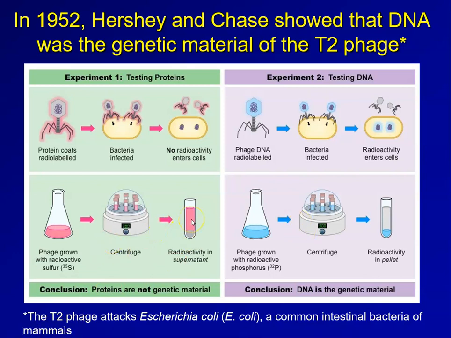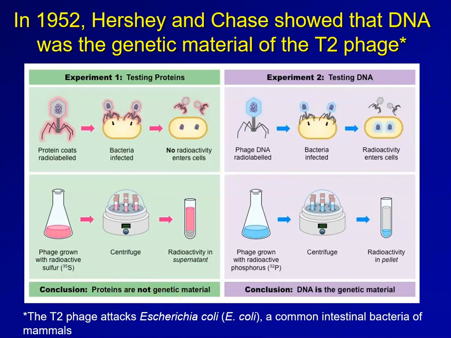Since the radioactivity remained in the liquid above the pellet, which is called the supernatant, and that would be where the viruses are, that indicates that the radioactive components, which were sulfur on the protein coat, were not transmitted to the bacteria, since the bacterial part of the separated layers remained non-fluoresced.